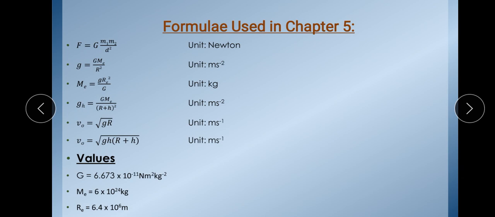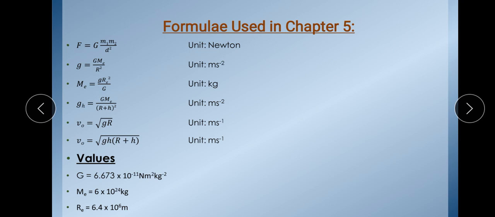Then for the orbital velocity we will use the square root of gr, and another form of this, the value of orbital velocity at some height, is v0 is equal to the square root of gR squared over (r plus h).